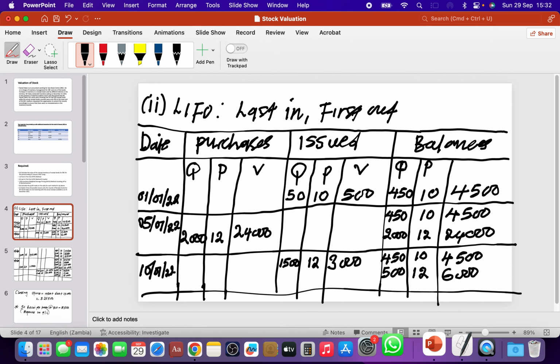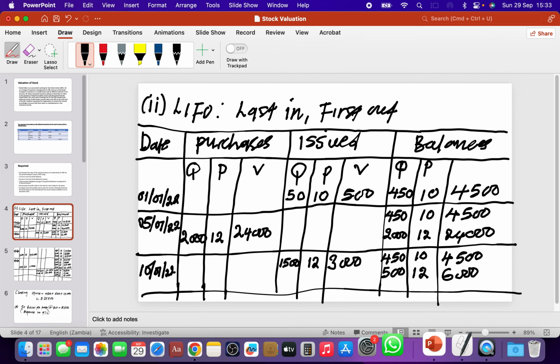The first section is a date section, which shows when the transaction happened. The second section is the purchases section. Under the purchases section, you have to show the quantity of the item bought, at what price each unit is valued, and the total value of all the units.